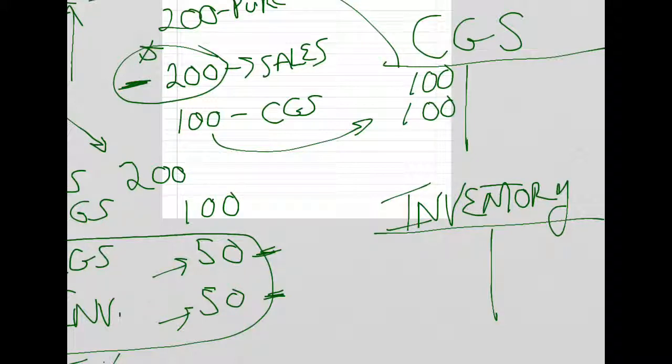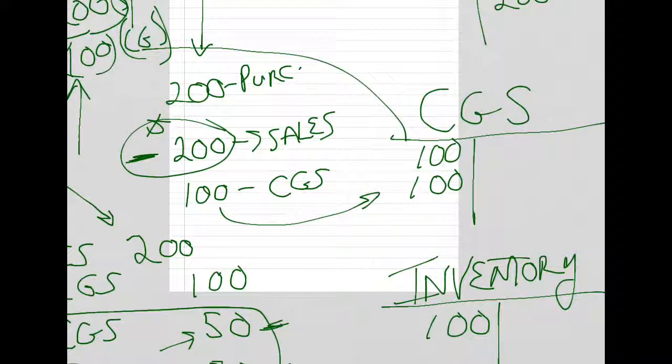The inventory will be the inventory remaining on the subsidiary's books, and that would be 100, because they paid 200 initially in their purchase here, and they sold half of that amount. So in their inventory remain 100.